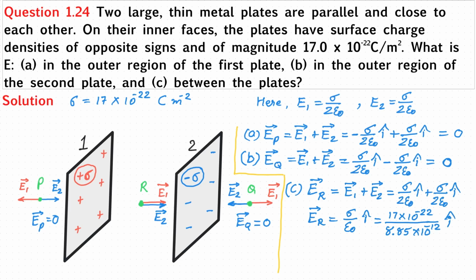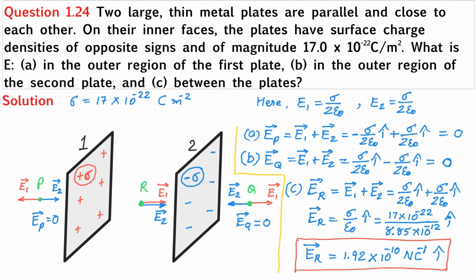Solving this, we will get the electric field ER, that will be equal to 1.92 into 10 raised to minus 10 Newton Coulomb inverse caret i. So here is the electric field between these two plates, and the direction you can see is in positive x direction because there is caret i here.